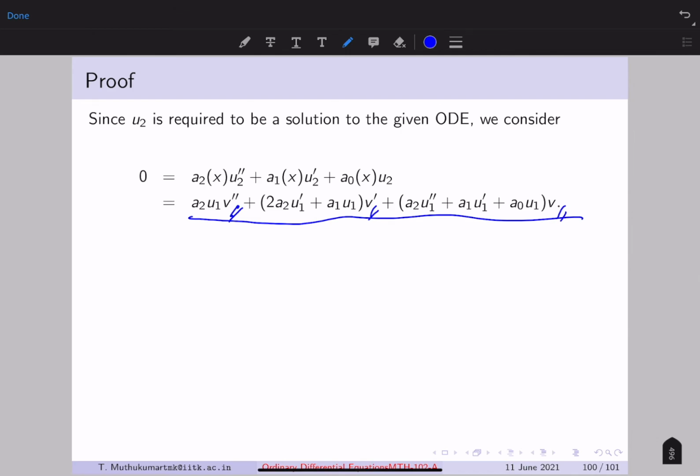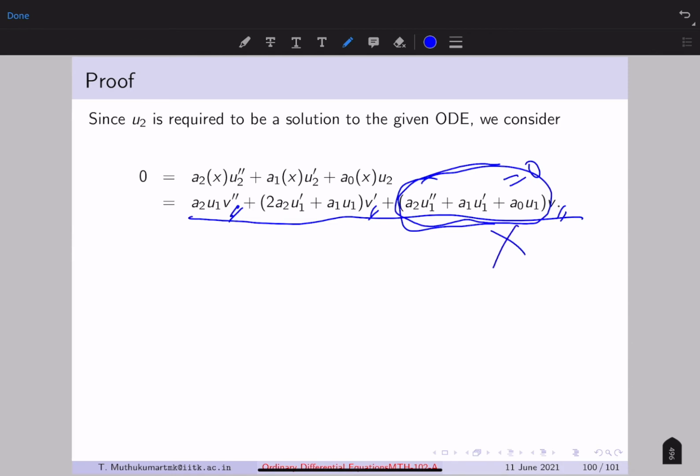Now here you see the coefficient of V, which is this, is nothing but the ODE that we started with: A2 U1 double prime plus A1 U1 prime plus A0 U1, which we know is 0 because U1 is a solution to this ODE. So this term is not there.